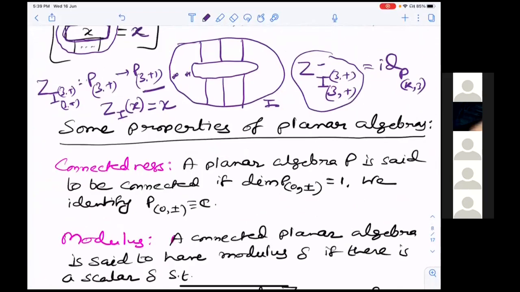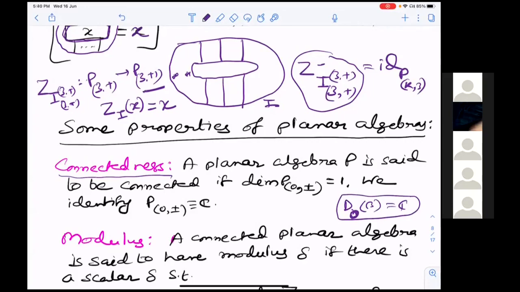Okay. Now I'll mention some extra properties of planar algebra. Some planar algebras might have these properties, some do not, but these are very desirable properties. We'll see immediately. The first condition is called connectedness. If you recall the diagram algebra where we have described d and beta, d_0 beta was a scalar actually, because that is the Catalan number. Any d_n is the Catalan number.